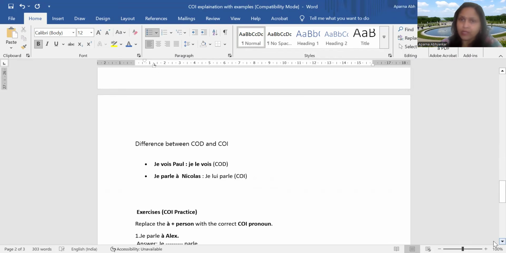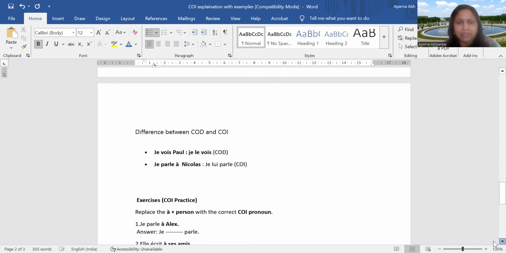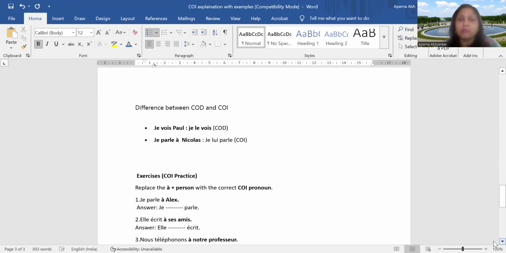We have studied COD earlier. Now this session is about COI. So what is the basic difference between COD and COI? It's a direct object, indirect object, right? So let's see it with an example. Je vois Paul. So je vois, here we don't have a, the, or pour, any preposition in between.